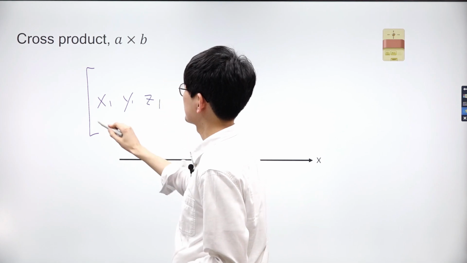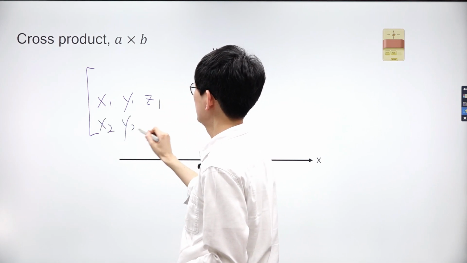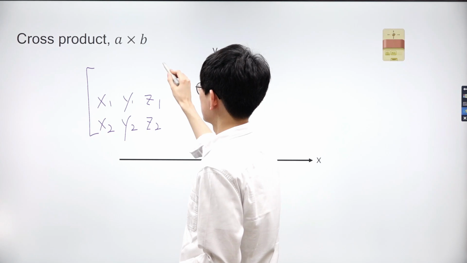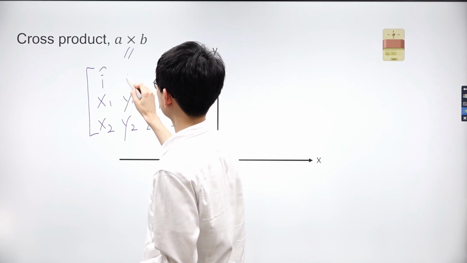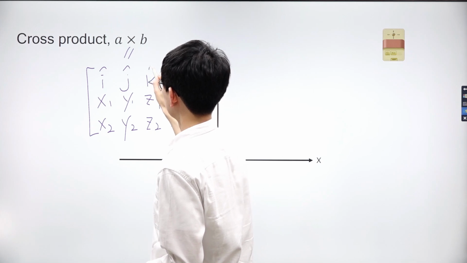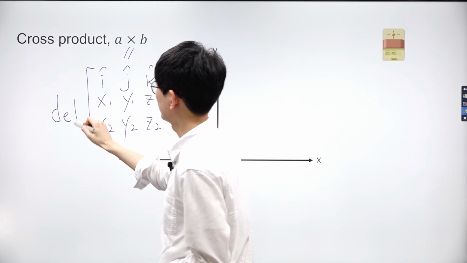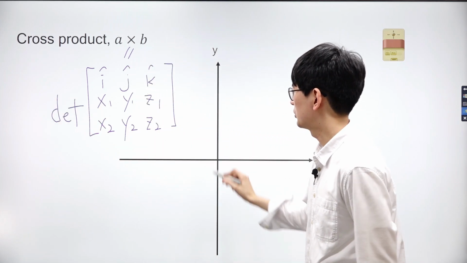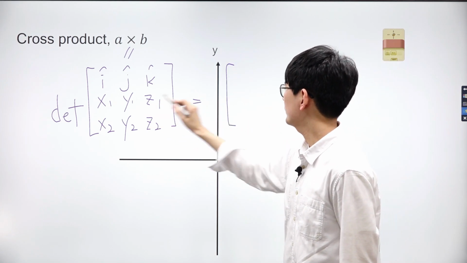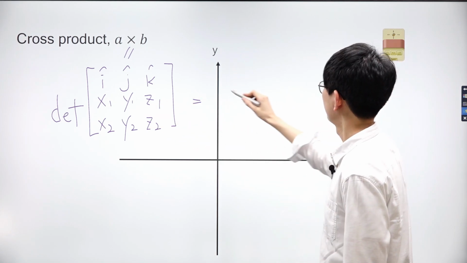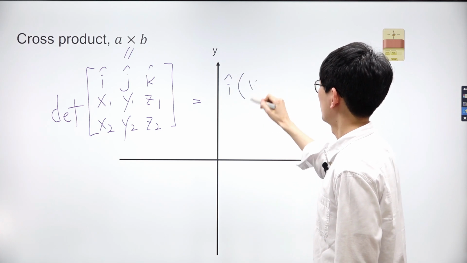You can compute the cross product of vectors a and b by computing the determinant of a matrix. Arrange vectors a and b horizontally on the second and third rows of the matrix. For the i component, calculate the determinant of the corresponding 2x2 matrix as y1 z2 minus z1 y2.